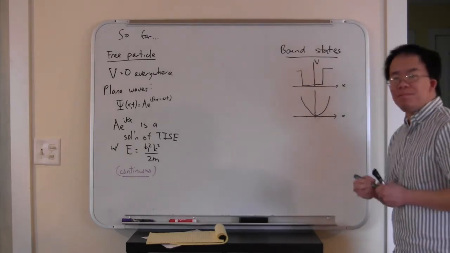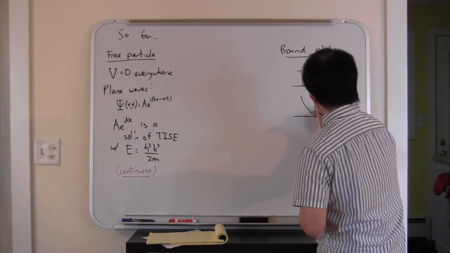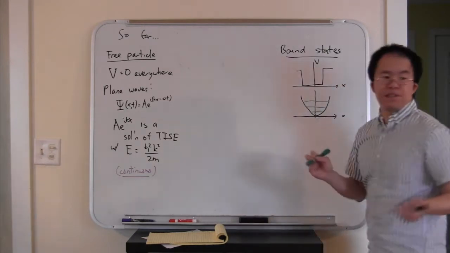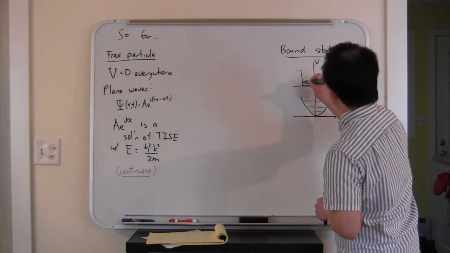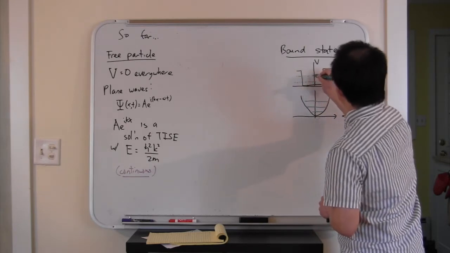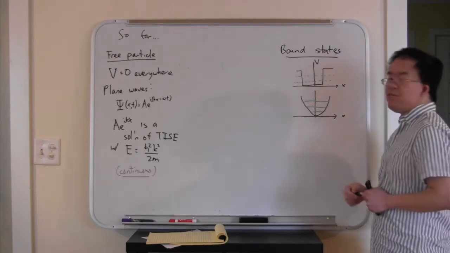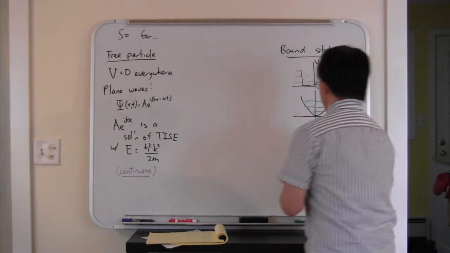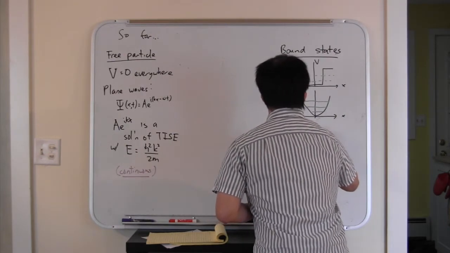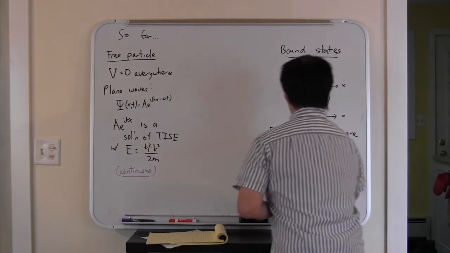The key thing that should be pointed out here is that for bound states, whether they're evenly spaced as in the harmonic oscillator or not, as in the case of a finite square well, bound states have discrete energy eigenvalues.